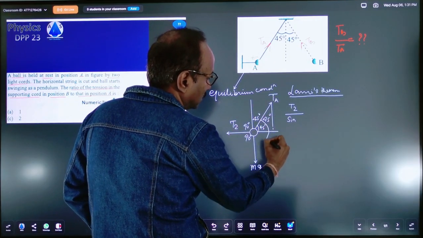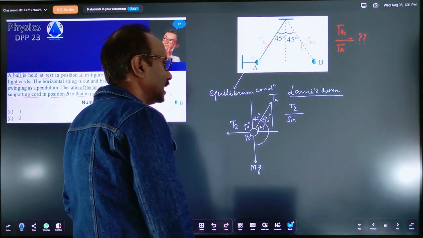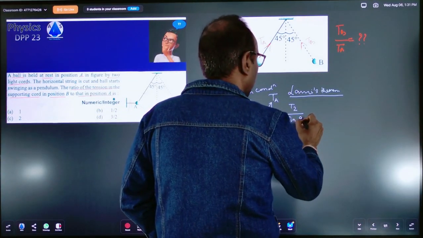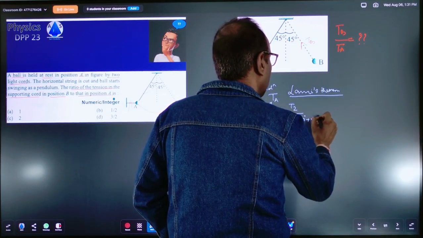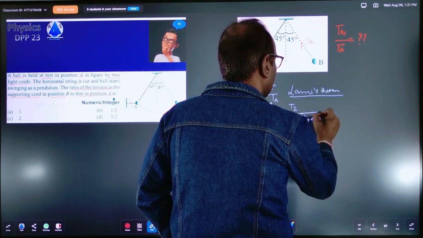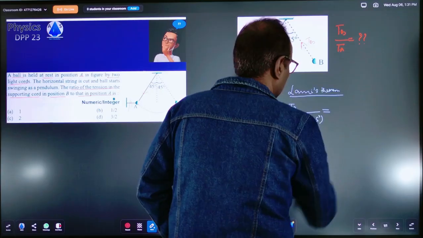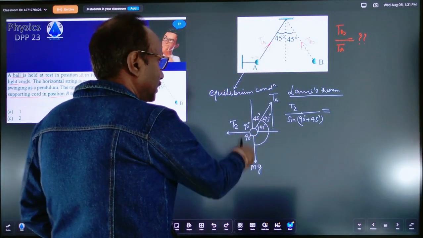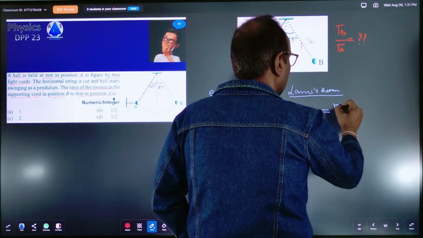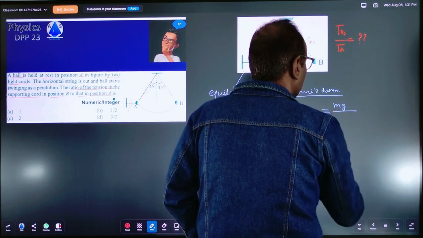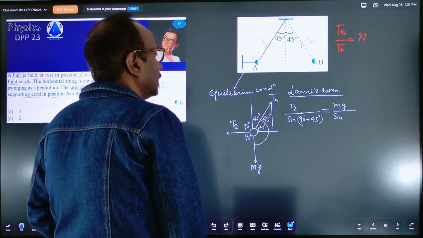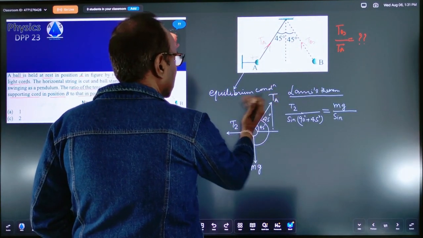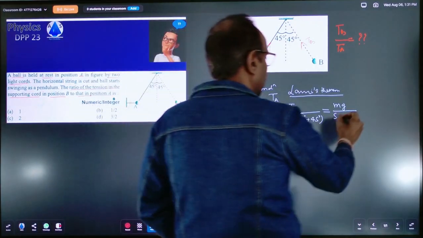What is that angle? 90 degree plus 45 degree. Equals mg over sine of the angle between the other two, TA and T2, that is 90 plus 45.